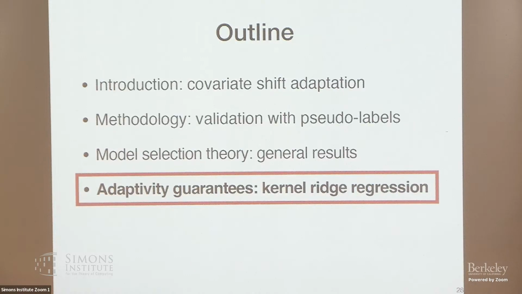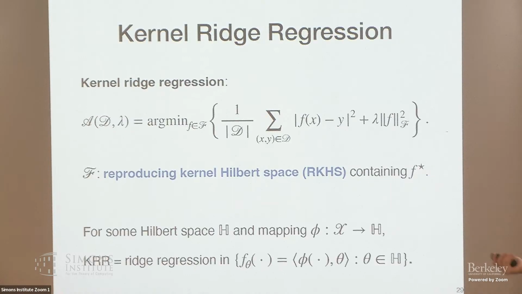Okay, kernel ridge. This is the basic setup of kernel ridge regression. You just need to minimize a combination of empirical risk over your labeled data and a penalty term, and you search over a reproducing kernel Hilbert space. We assume the realizability assumption, that the true function belongs to the Hilbert space.